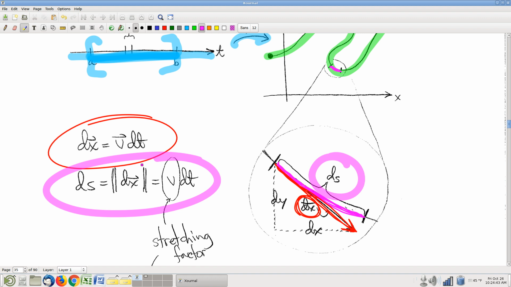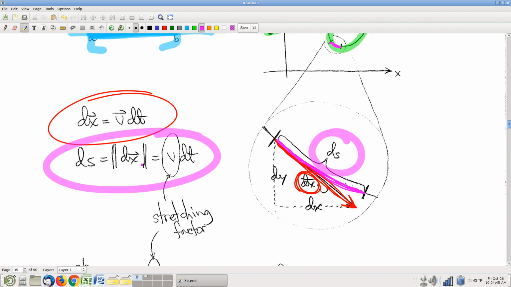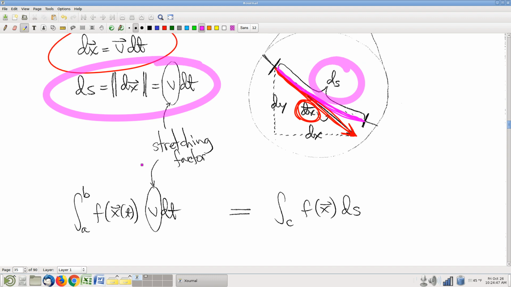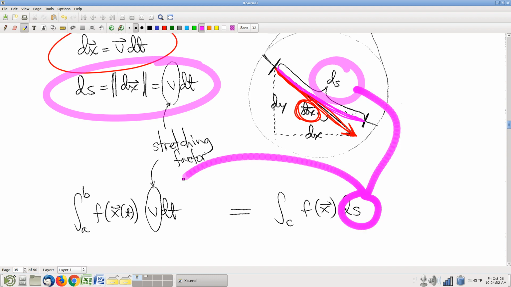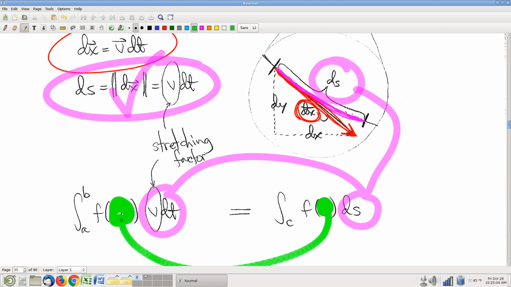We've already got this development done. And now let's just kind of take the last step into the end zone here. Now that we know what ds is, v dt, right? As developed several days ago. When you pull back that integral, well, don't forget pulling back through the parameterization. A point x on the curve is now a function of t, right?